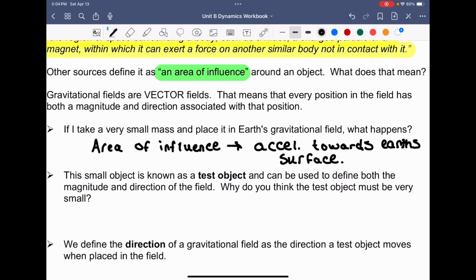The Earth has a large mass, and therefore the object would accelerate towards the Earth, or towards the center of Earth, if you really wanted to be fully correct.